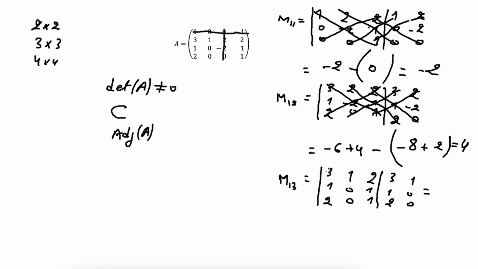This element here is 0, and this is 0, and this also is 0, 2 times 1 times 0, so we have just this one here, 1 times 1 times 2, which is 2, minus the element here, so these are 0 and these are also 0, and we have here 1 times 1 times 1, which is 1. So 2 minus 1 is 1.